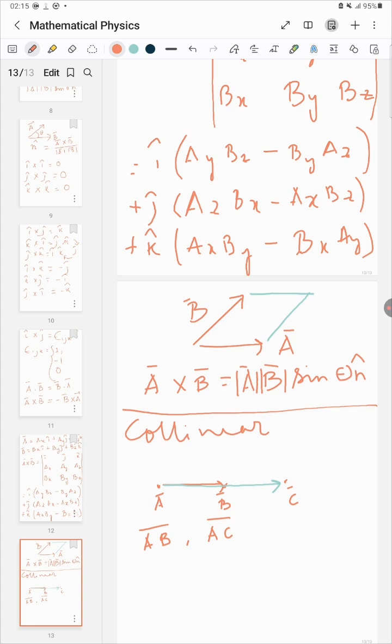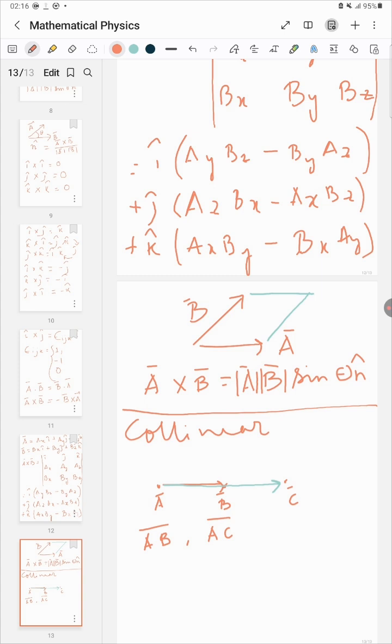So physically, for 2 vectors to be collinear, they have no area between them, but mathematically they have an angle of 0 between them, and they indeed have angle 0 between them. These 2 vectors, this red vector and blue vector, that is vector AB and vector AC, do they have any angle between them?